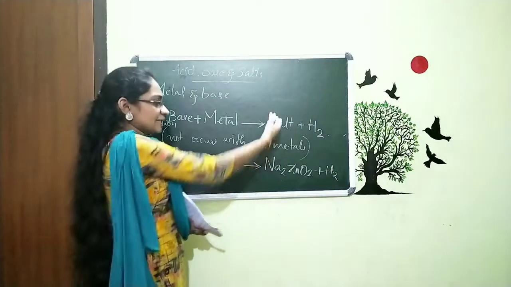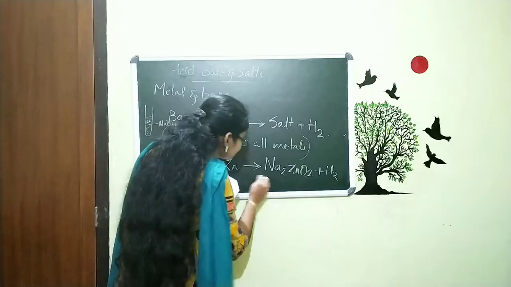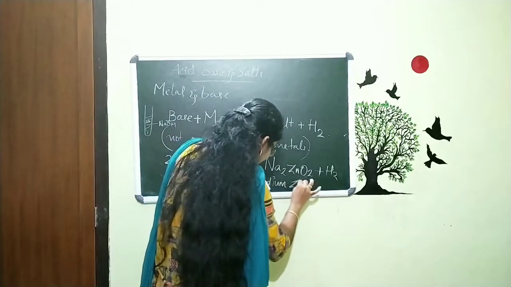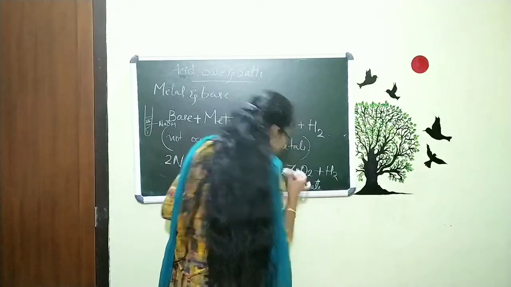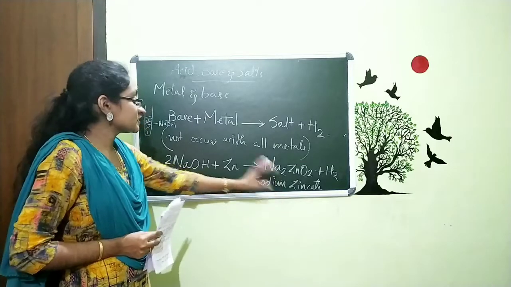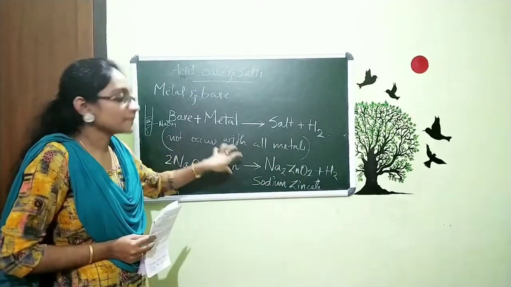And now the question is, what is this? This is actually a type of salt and the name of that salt is sodium zincate. That is the name of the salt which forms in the reaction of this base and the metal.